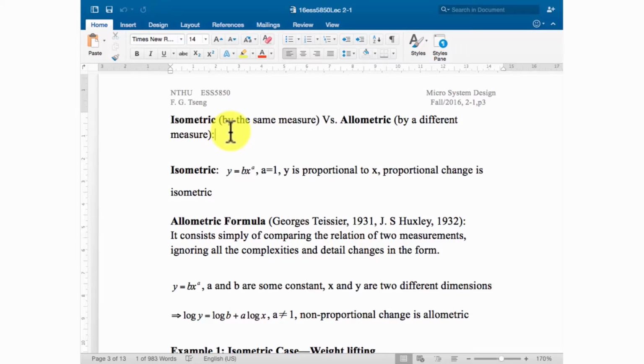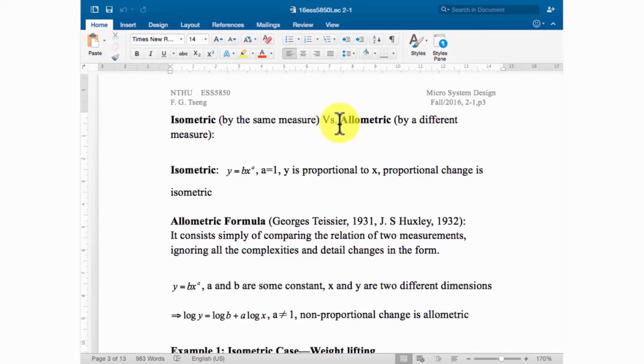Compared to the isometric system, an allometric system means we blow up things in three different directions with different measures, different ratios. That means the final thing will not look very similar to the original one.